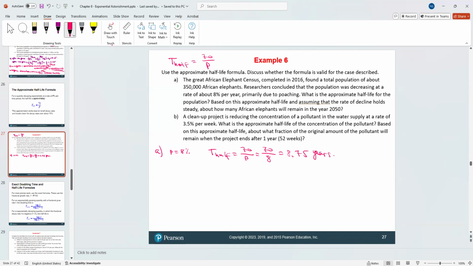The second part of the question uses this half-life, the time to halve it. They said, based on the approximate half-life and assuming that the rate of decline holds steady, about how many elephants will remain. That's the new value you need to find, if you know the old value, the initial value.